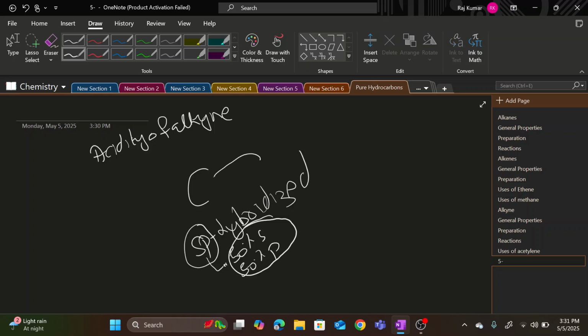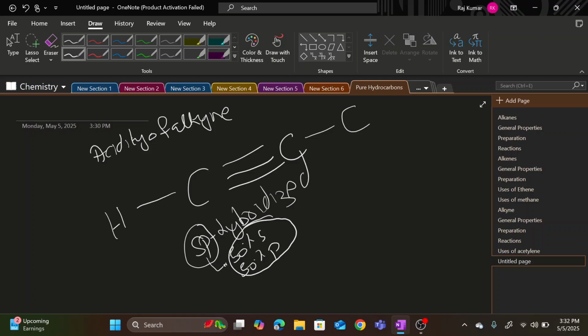For example, if we take the example of propyne, in propyne there's an sp-sp bond between carbon and carbon, and there is an sp-s bond between carbon and hydrogen.